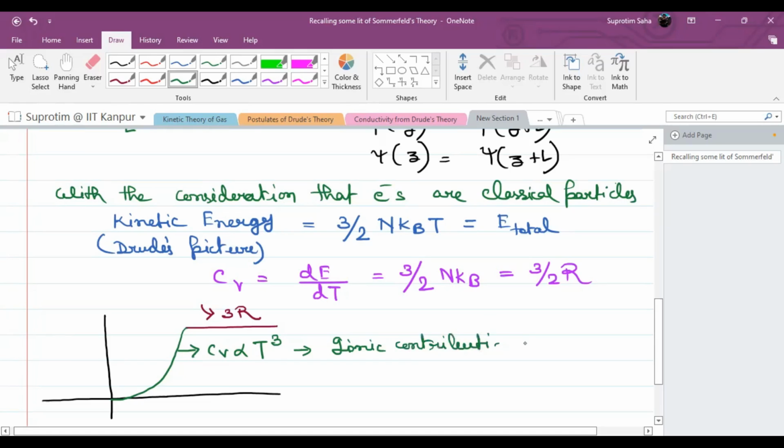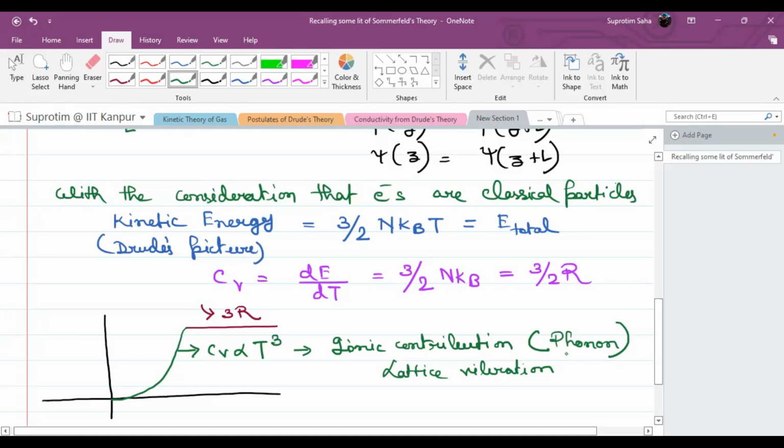Fair enough, because of the lattice vibrations. So you know that there are not only electrons in the solid, the ionic counterpart, which are heavy, immobile, positive ion cores, they are there in the solid. So what happens is that if you supply an energy, then those ionic cores absorb the energy, and they start to vibrate.